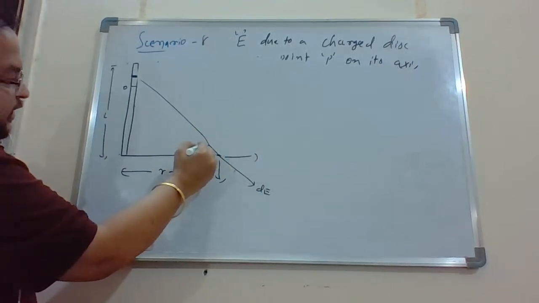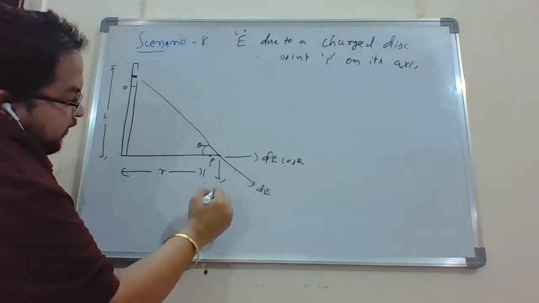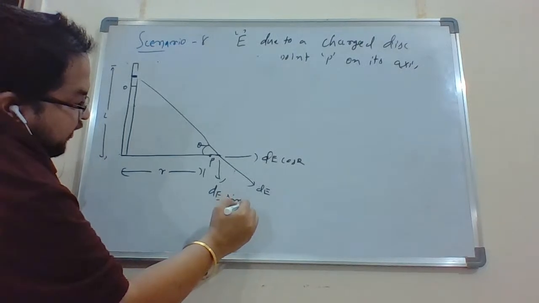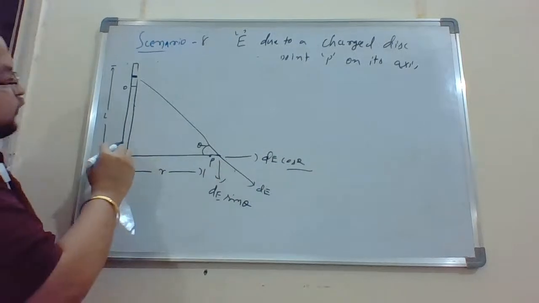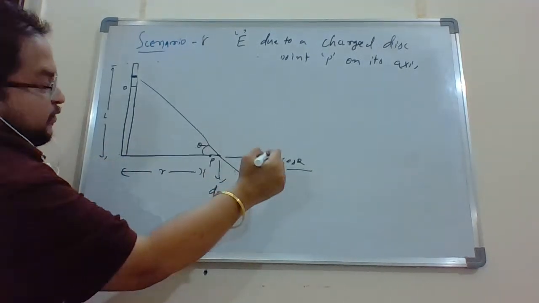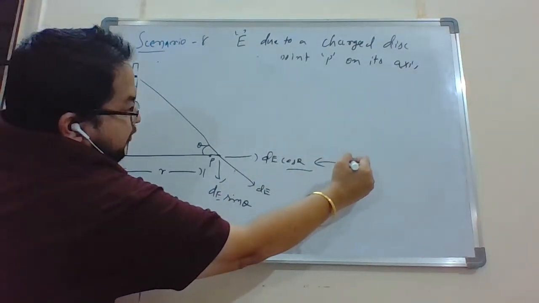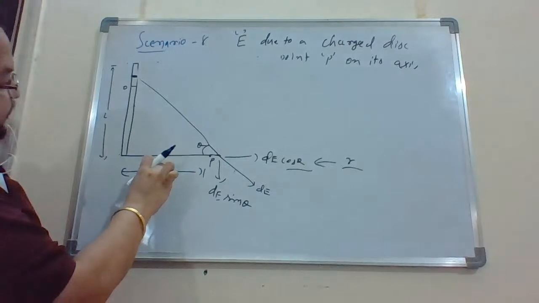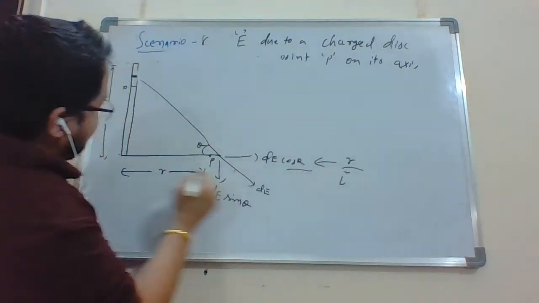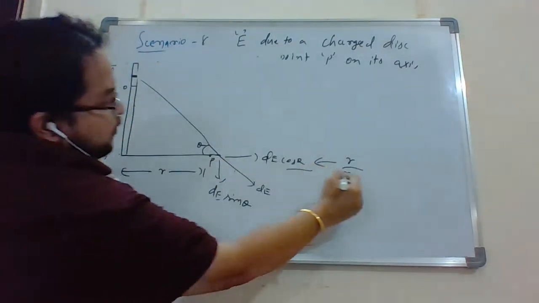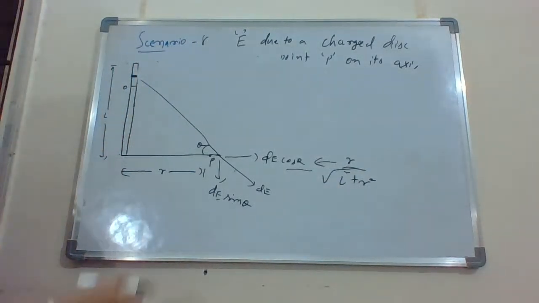If this angle is theta, this would be your DE cos theta, DE sin theta, right? And obviously, cos theta you should express in terms of R by root over L square plus R square, right?